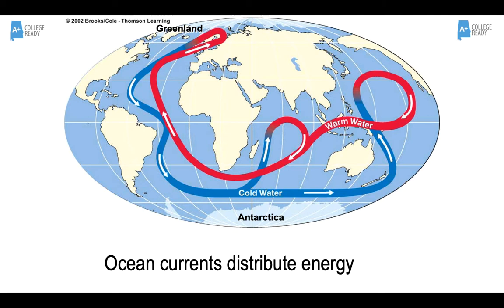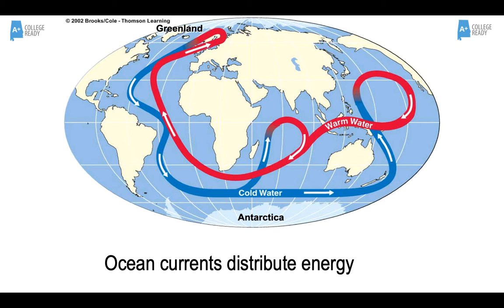So the equator is at 0 degrees latitude, and that is where you have the most energy per square meter striking Earth. And so obviously more heat is generated there, and this heat is then spread north and south away from the equator, in large part due to ocean currents.